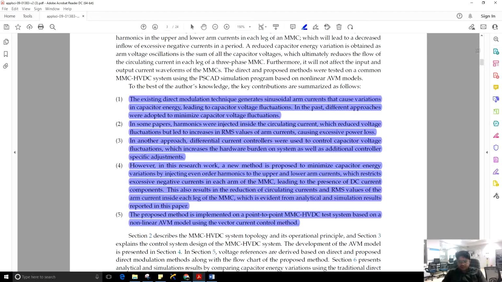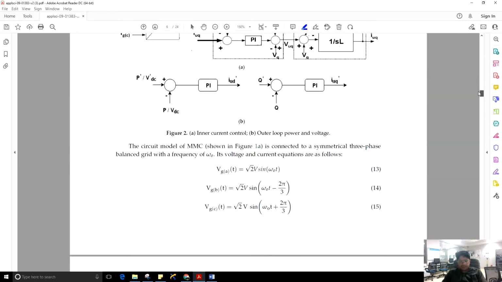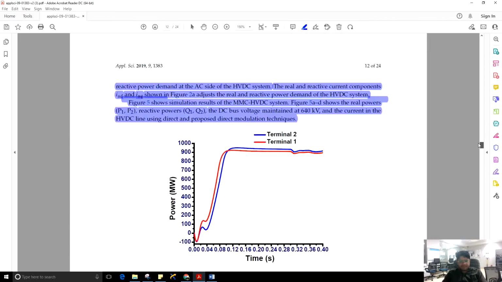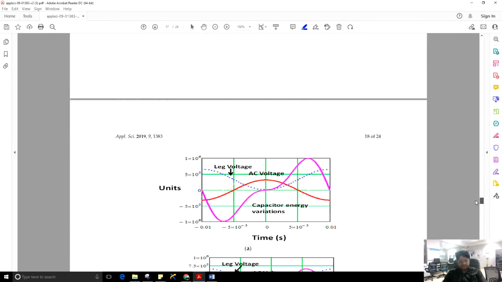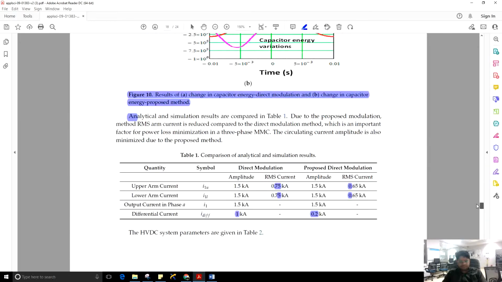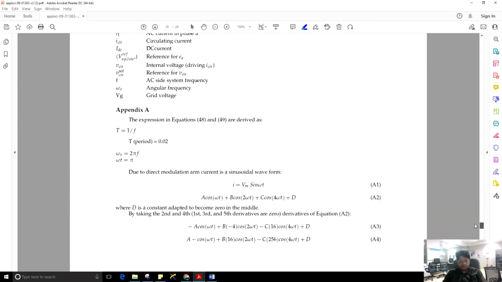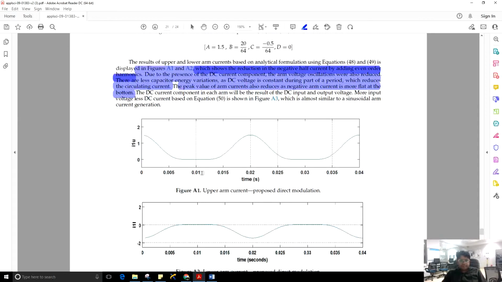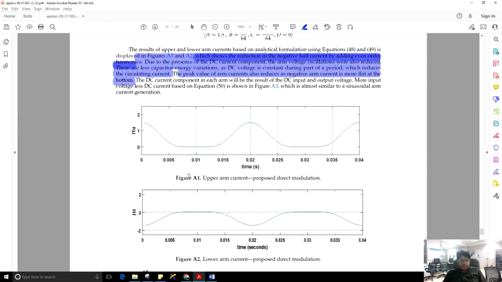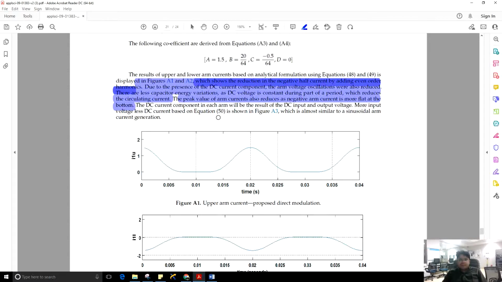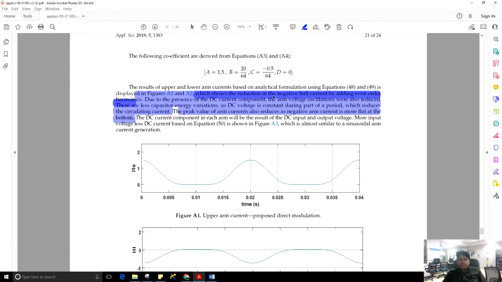Let me show you the effect of addition of the second and fourth harmonic on the waveforms of the current. So you see, this is upper arm current, this is lower arm current, and due to addition of even order harmonics, presence of DC current component increases, and the arm voltage oscillations are also reduced.